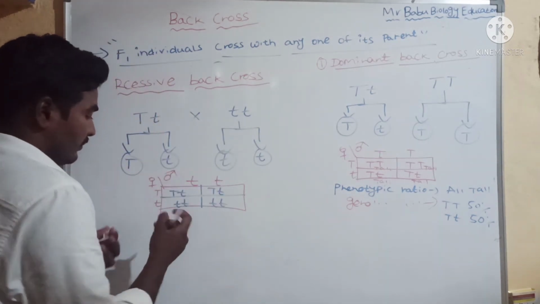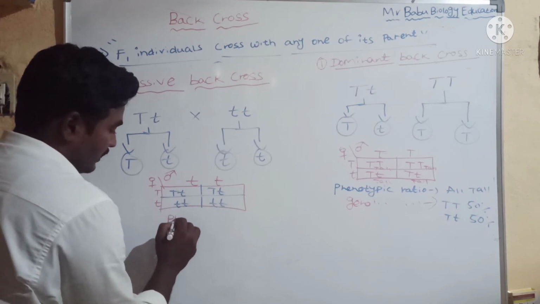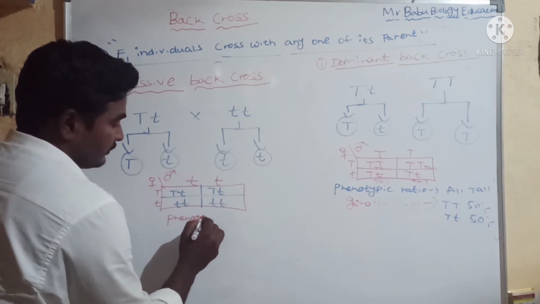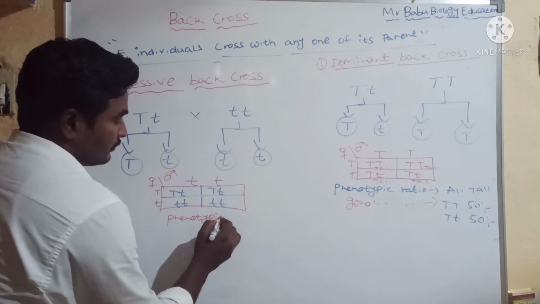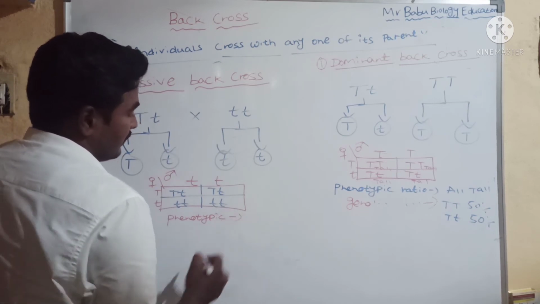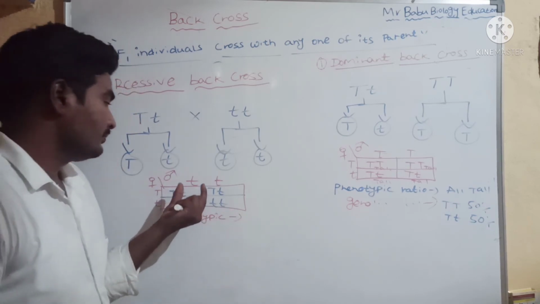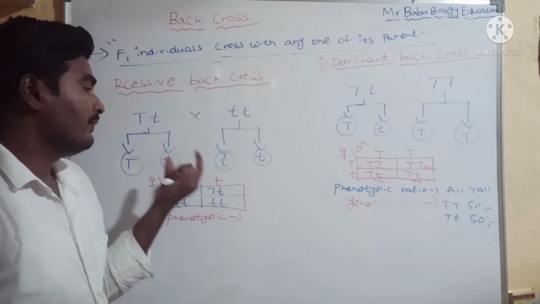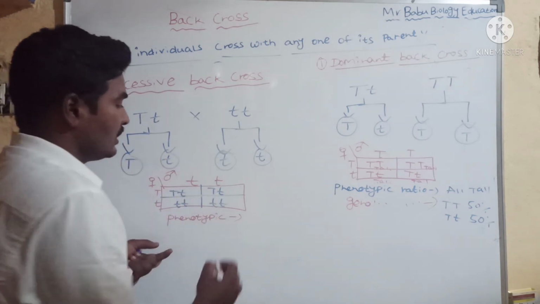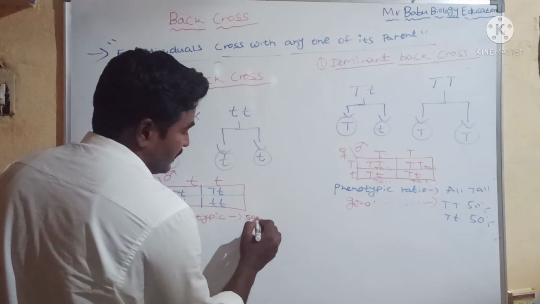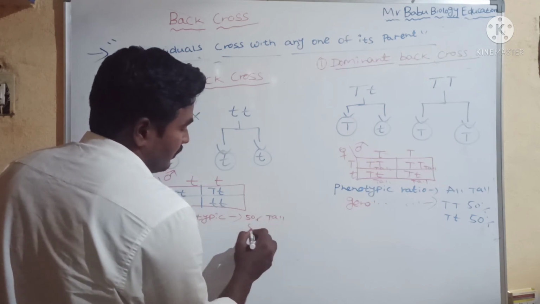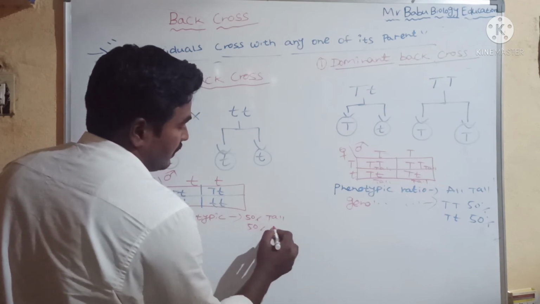First, the phenotypic probability: 50% tall, 50% dwarf.